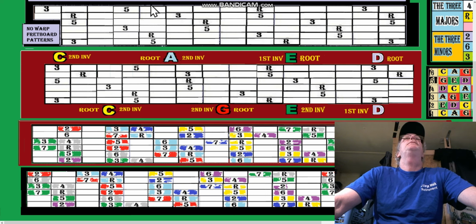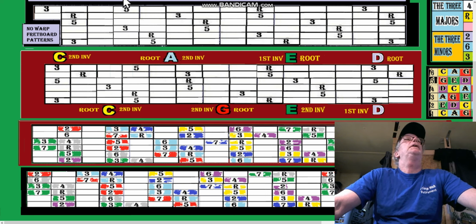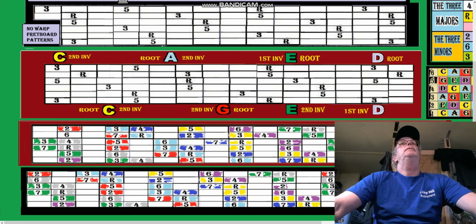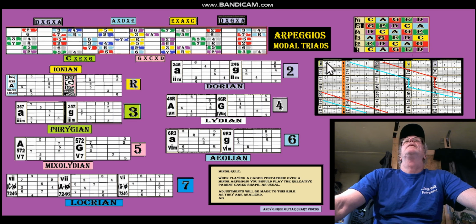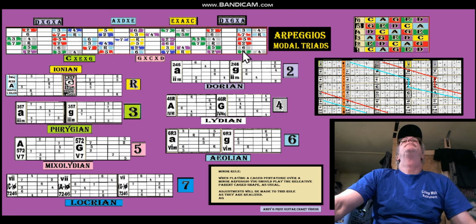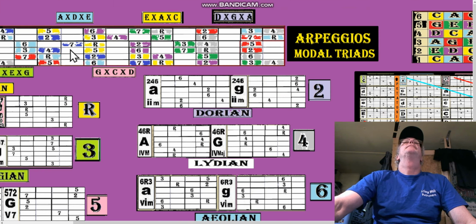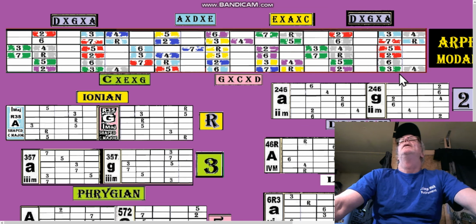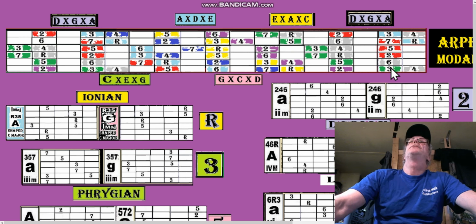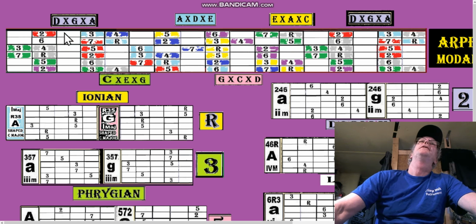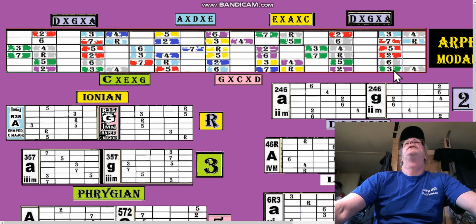Okay, so let's move along. As we go up these guys here, all right. So here's the root. Now, just for argument's sake, we're going to start on the 3rd, because then I'm going to move across here. We get this.